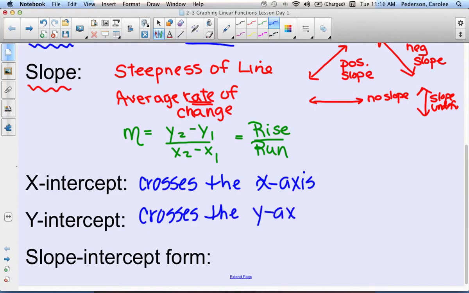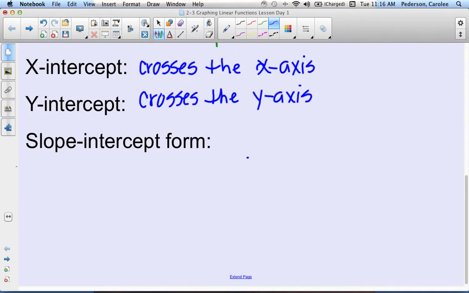We want both of these points as ordered pairs, not just the number 5. The last vocabulary piece is what we call slope-intercept form. y equals mx plus b. This is your slope, and this is your y-intercept.